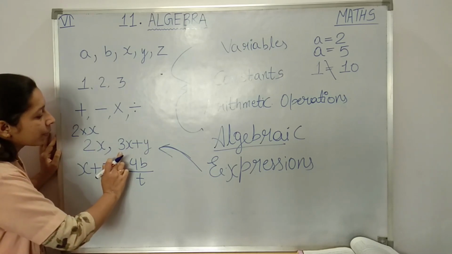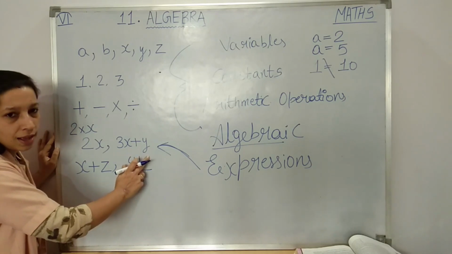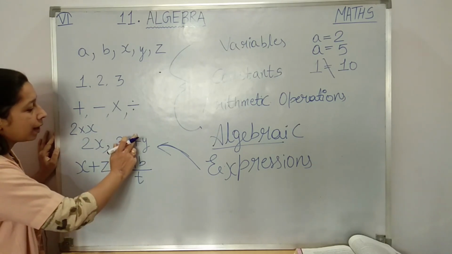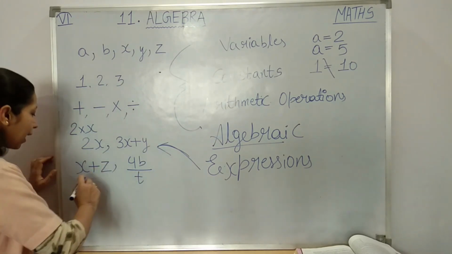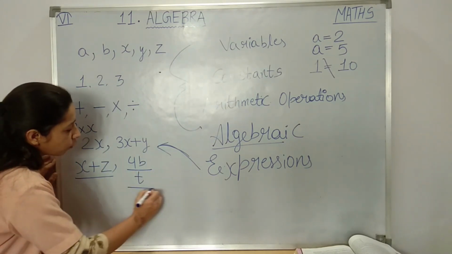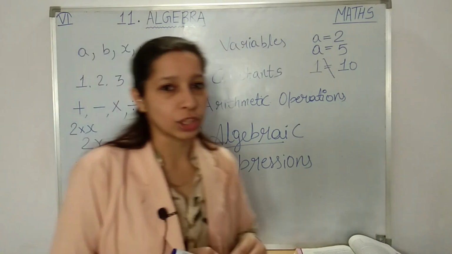Here also you can see 3x, which means 3 and x in multiplication, then addition, and then a variable. So constant, variable, addition and a variable will form an expression. Again some more examples: x plus z or 4b divided by t. These are all known as expressions. Now what is an expression?